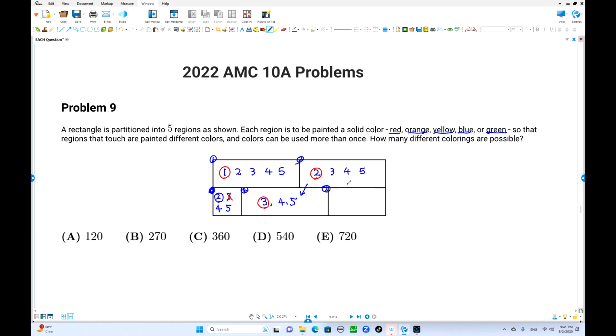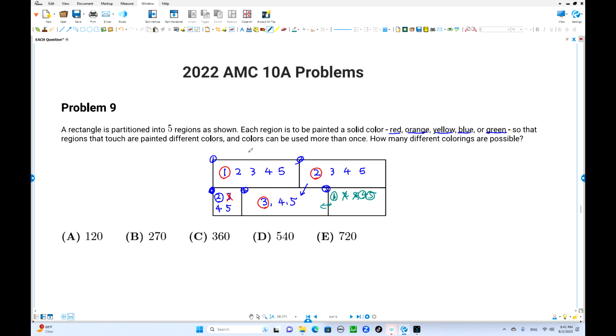Because this one is far away, it is different, so it can be 1, 2, 3, 4, 5 if we use this one separately. But this time we used 2, so we cannot use 2, and we cannot use 3, which is a neighbor. So only 3 possible numbers there.